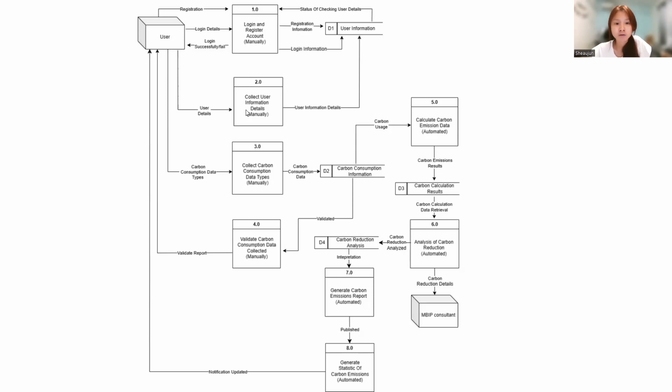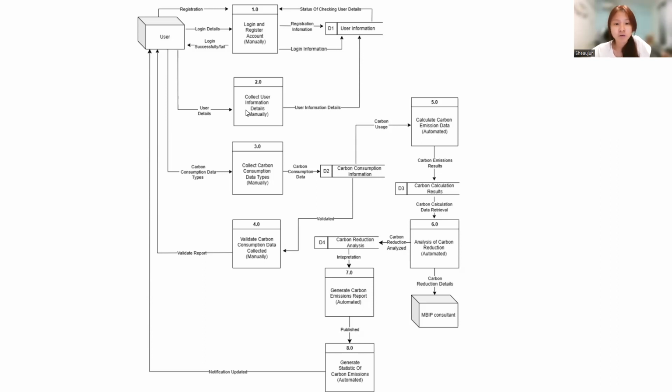There are 4 carbon consumption data types in this project: water, electricity, waste, and recycled cooking oil. The user has to fill in all the information here, and then the carbon consumption data will be stored in the data store for further calculation of carbon emission data in process 5.